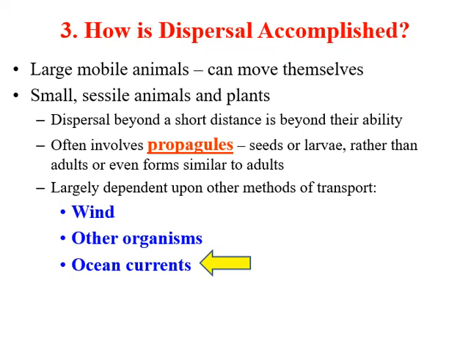If you're talking about animals, you describe them another way. They're propagules, seeds or larvae, rather than the adults, rather than a miniature version of the adults like you have in sharks. So they're the things that are involved in that natal dispersal, as opposed to dispersal of the rest of the population.